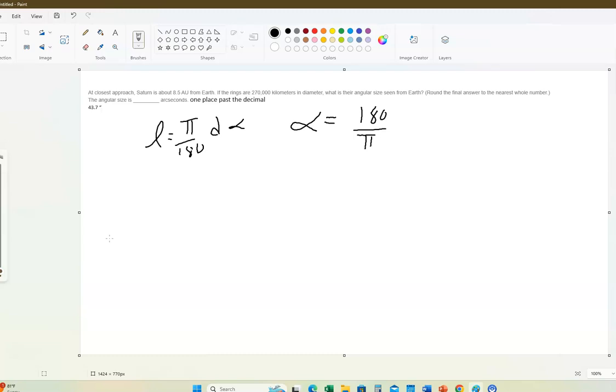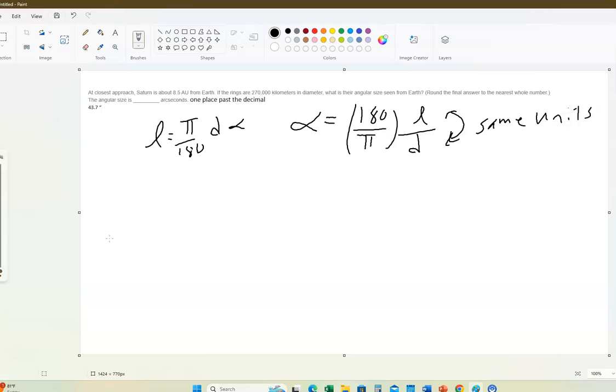And then it's going to be times L, the actual size of the object, divided by the distance to the object. L and D both have to be in the same units.